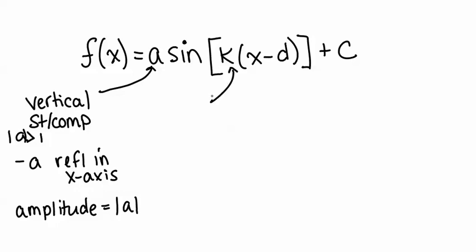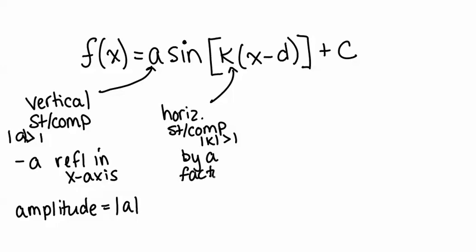K is kind of the opposite of A, so it gives us our horizontal stretch or compression, in the opposite way. It does a compression if the absolute value of K is greater than 1. So if K is like 2, 3, 4, 5, it's going to be a compression, and it's going to work kind of weird. It's going to be by a factor of 1 over K. And K is special because it tells us our period.